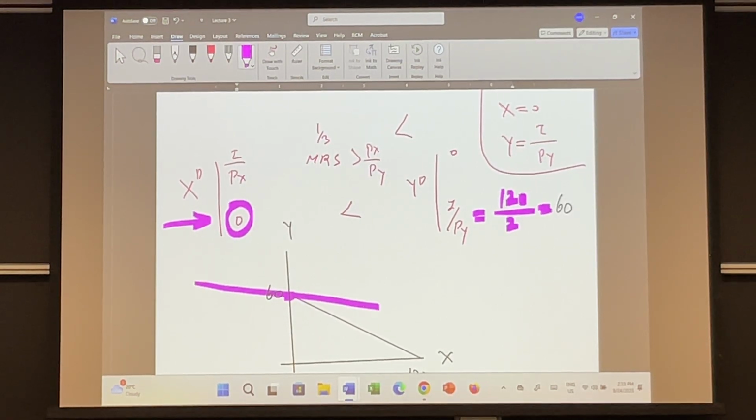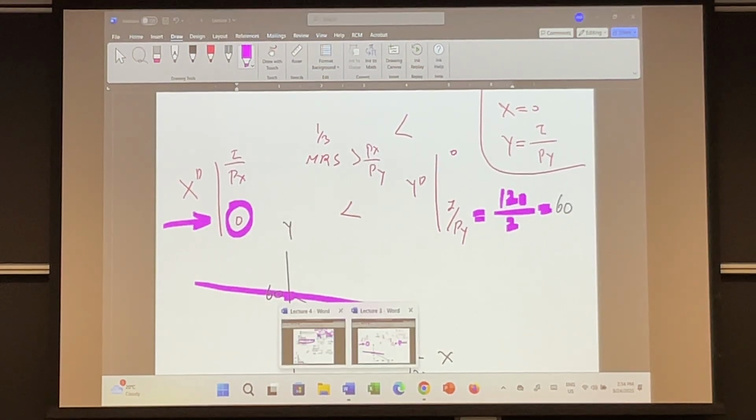If you give him this or that, or any combination on that line, they're the same. That's not picky. Perfect complement means you consume them at a specific rate. That's very picky. So if the question says picky, that's perfect complement. If it says not picky at all, that's perfect substitute. You will see that soon.